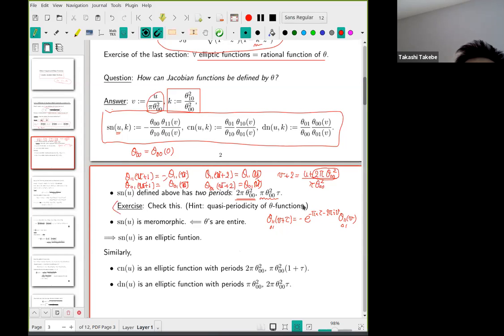Well, so then that's the answer of this exercise. And well, thetas are entire functions. Namely, they are holomorphic all over the complex plane. So the ratio is, of course, meromorphic. So we have proved that sn defined by this equation is an elliptic function.